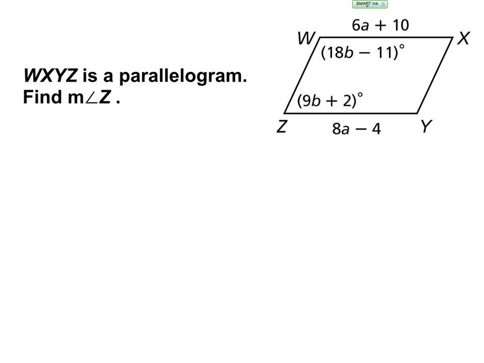The two angles that have the B on them, are those congruent? They're not. They're not the opposite angles. They're the consecutive angles. So those two angles should add up to 180.